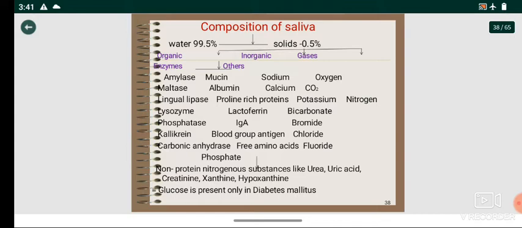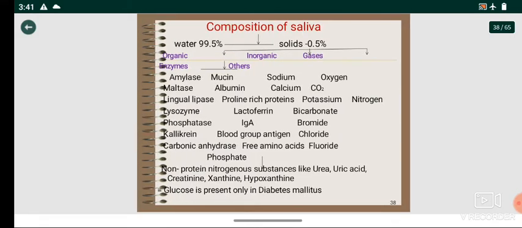Kallikrein. Kallikrein is a proteolytic enzyme which acts on alpha 2 globulin, which is present in the interstitial fluid, and by acting on the alpha 2 globulin it leads to the formation of bradykinin, and bradykinin is a vasodilator.